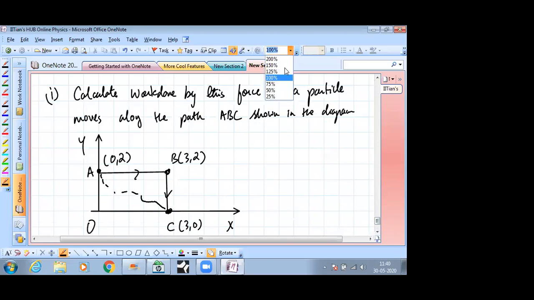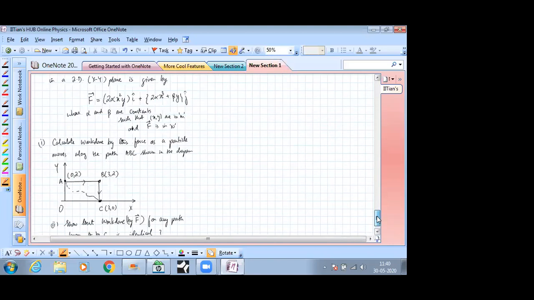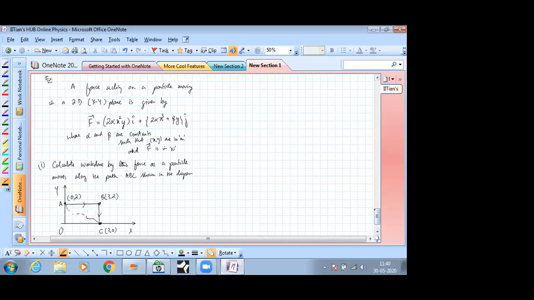Let me minimize this and try to work this out. So just try this out. There's just one small correction.